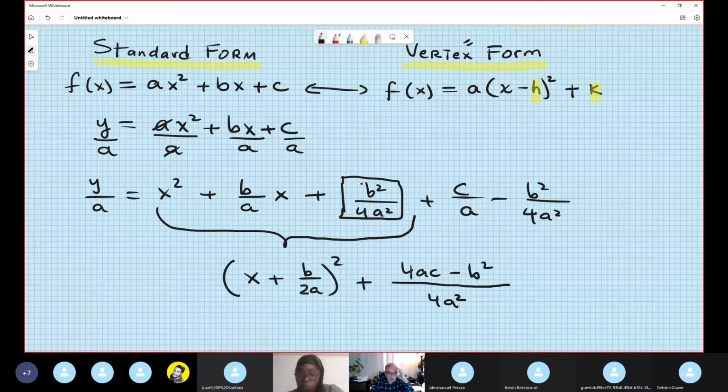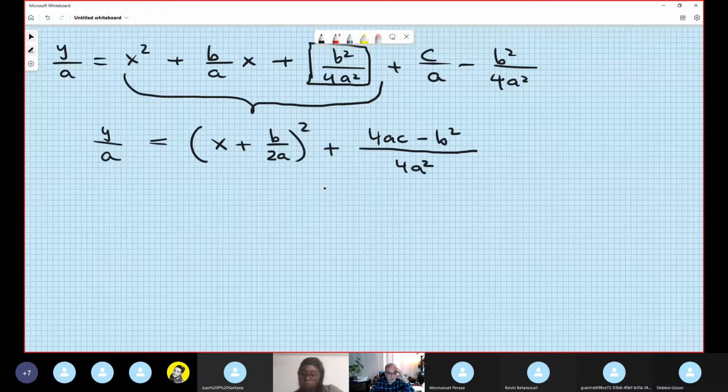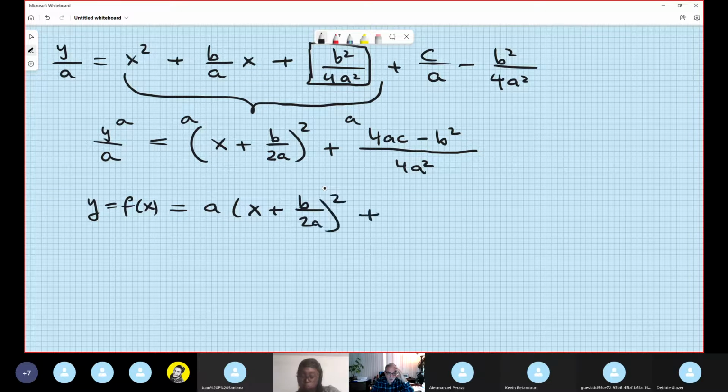And finally, remember this is equal to y divided by a. You multiply again, because I want to isolate the y. By the way, y and f of x are equivalent. You multiply everything by a here, by a here, and by a here. So it's equal to a times x plus b over 2a, squared, plus 4ac minus b squared divided by 4a, because at least this a is cancelled out with one, only one.